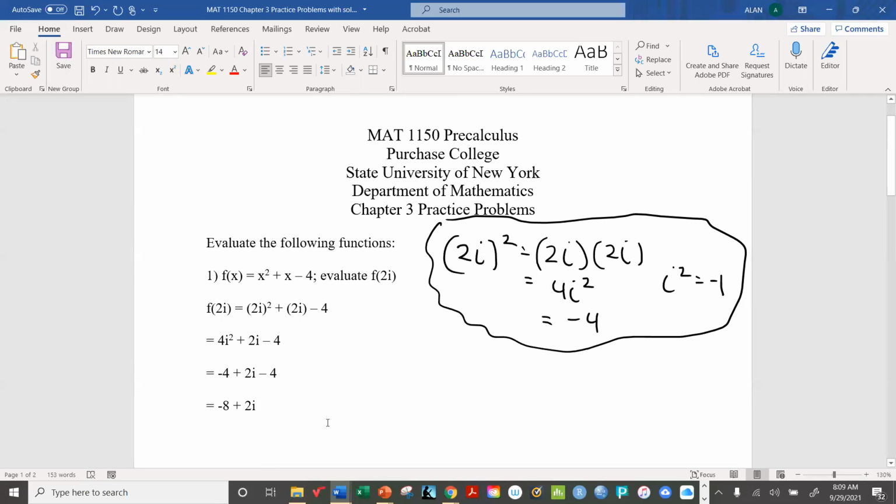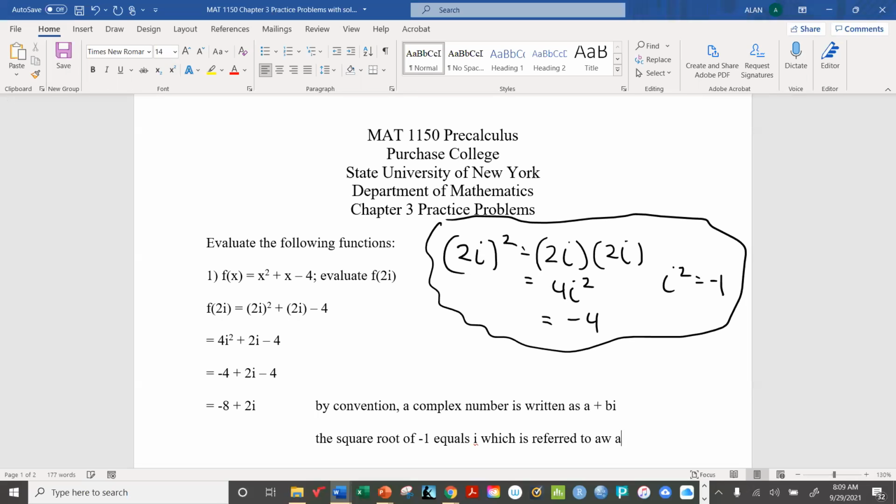But you know, if you wrote it the other way around, that's fine. I'll just mention here, by convention, a complex number, which is what this is, is written as a plus bi. Okay, and remember too that the square root of -1 equals i, which is referred to as an imaginary number.